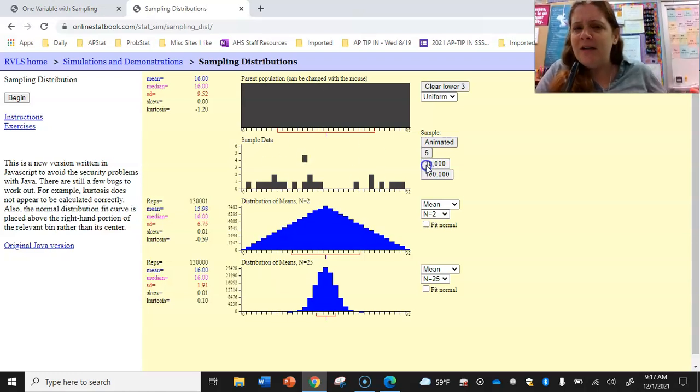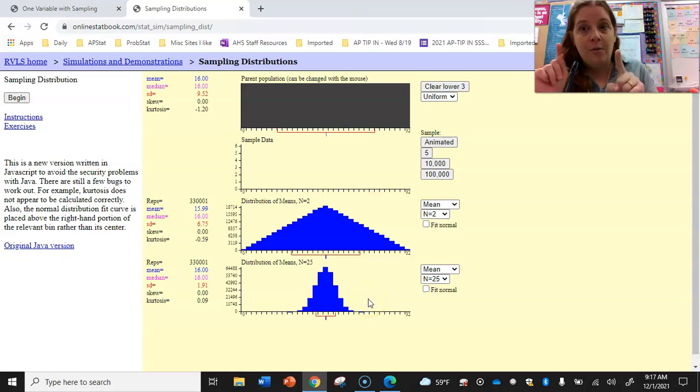What I'm going to notice here is that the mean of the sampling distribution of size 2 is the same, and the mean of the sampling distribution of size 25 is the same, but the shape is not. First off, the sampling distribution for size 2 up here doesn't look skewed to the right. It looks like this weird triangle business, but the one for 25 looks approximately normal.